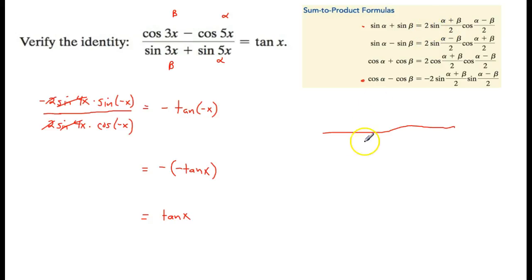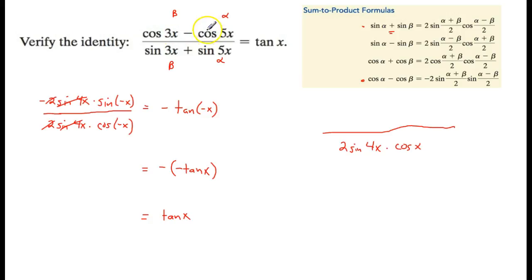I would have 2 times the sine of alpha plus beta. 5 plus 3 is 8 divided by 2, still 4x, times the cosine. But now alpha minus beta, if I'm calling this alpha, that's 5 minus 3 is positive 2, and positive 2 divided by 2 is just positive x. Okay, so everything's fine there because it's plus, and the order doesn't matter when it's plus. It's this one that we're going to have to be careful with.